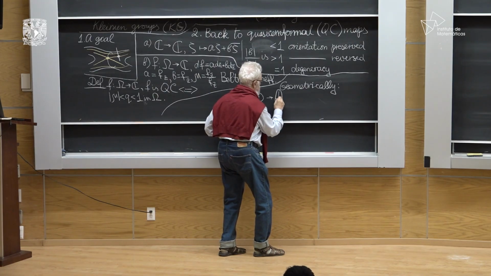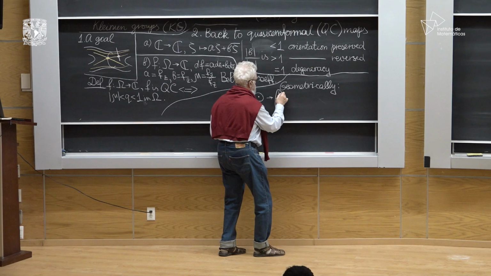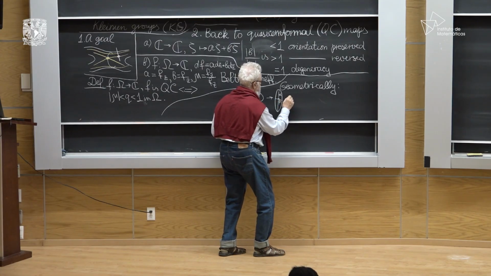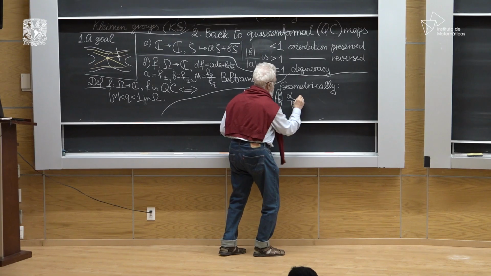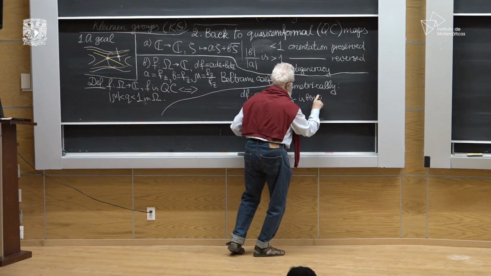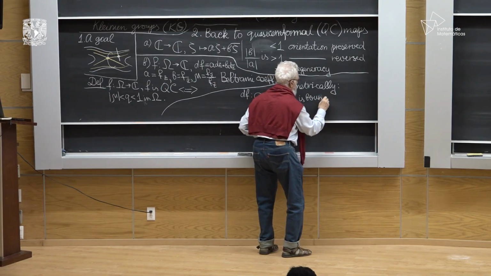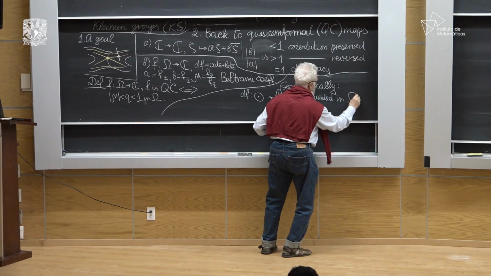And the eccentricity of the ellipse, the ratio of its large and small axes, is bounded in omega.